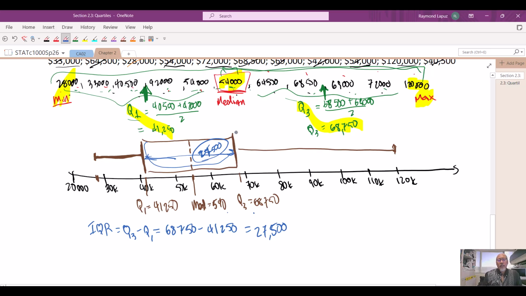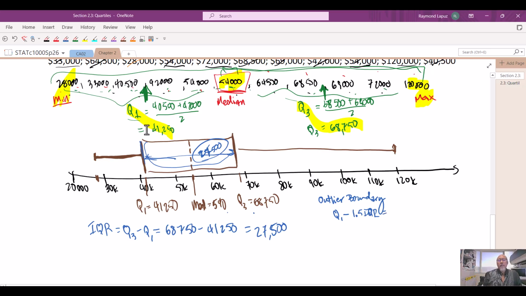And that's that length. Now imagine multiplying this by 1.5, so the outlier boundary. There's two of them. We can start here at Q1, and then let's subtract 1.5 times the IQR, and then we'll get a result.